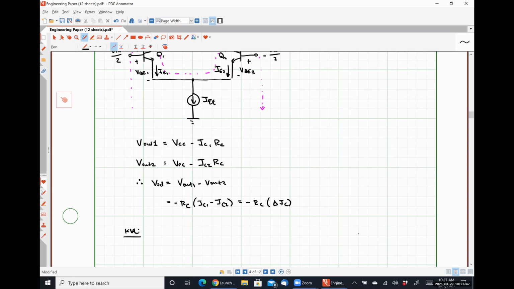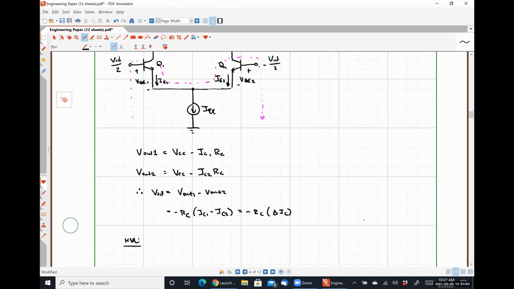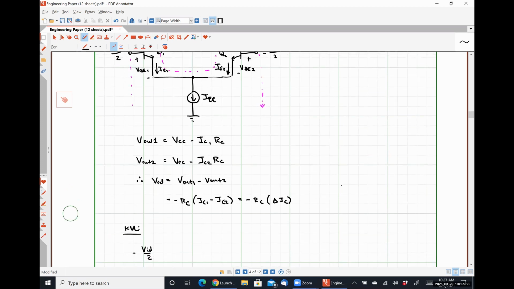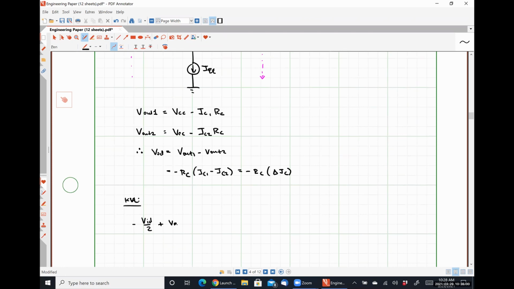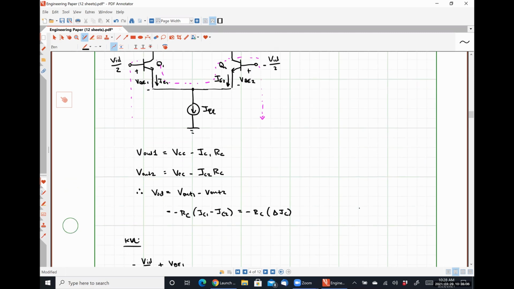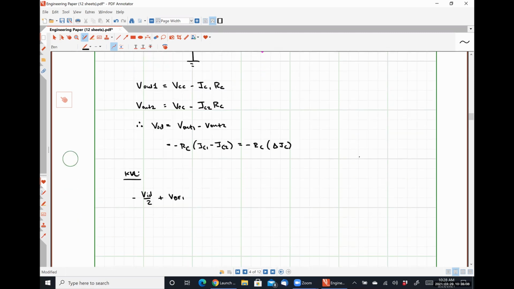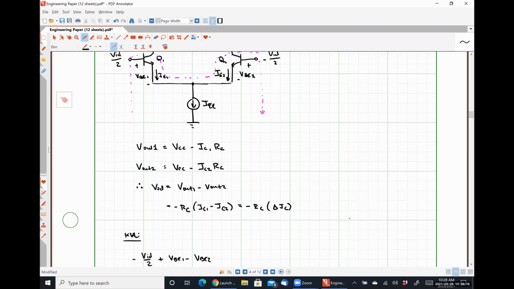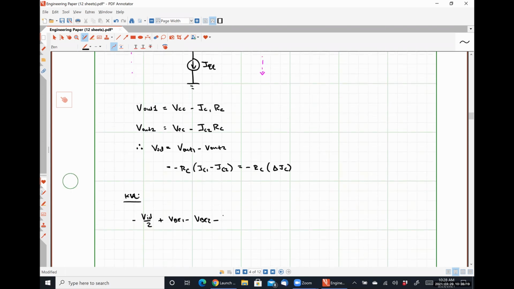My KVL equation, I'm going to have negative VID over 2 plus VBE1, then I see the negative polarity terminal of VBE2, so minus VBE2, and then I have the positive polarity terminal of negative VID, so this is minus VID over 2, equal to 0.